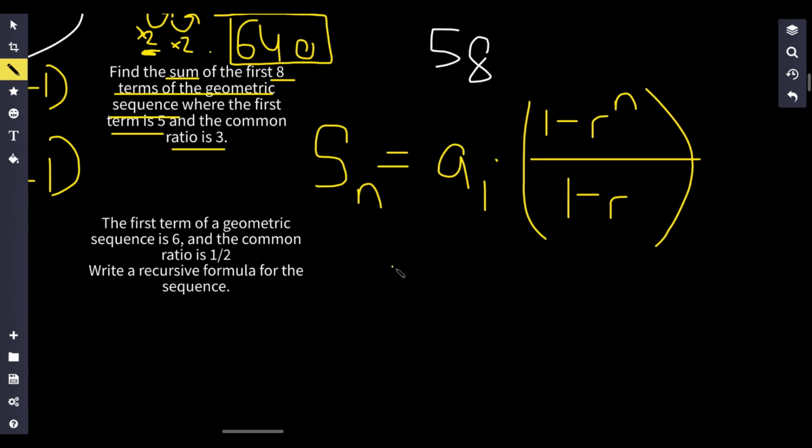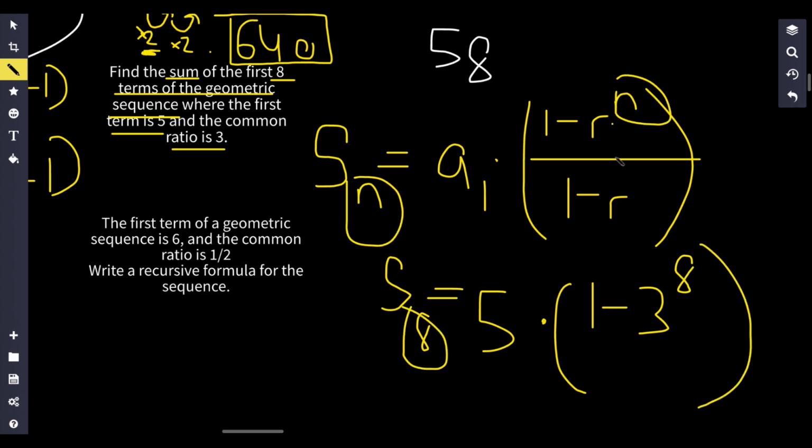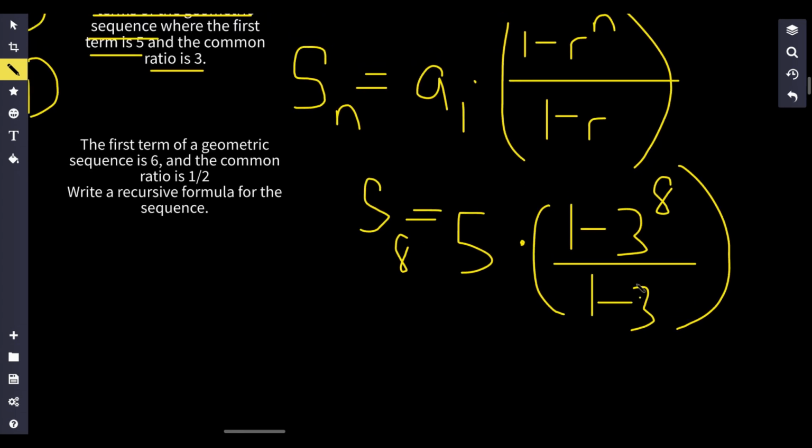So in this case, if I'm trying to find the sum of the first 8 terms, this is going to be equal to the first term, which we know is 5, times 1 minus my common ratio to the nth power, so to the 8th power. Notice these two things match up. Divided by 1 minus 3, 1 minus my common ratio.